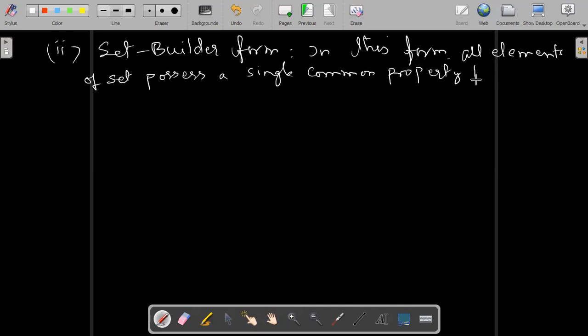The common property is denoted by Px, but we will see whether to use this Px or not. Px is just for representing.